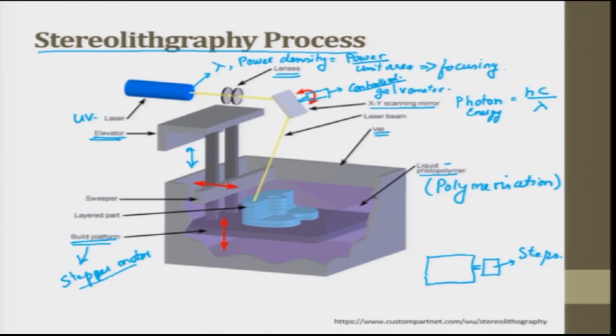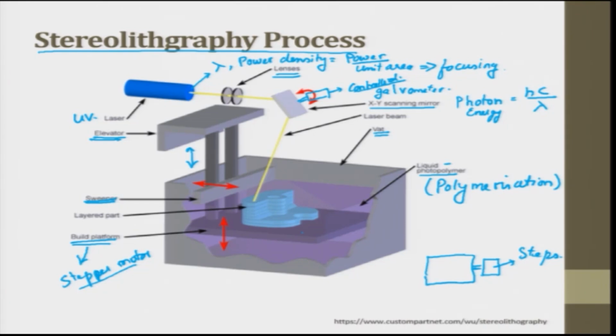So, after one layer of exposure, the table, the build platform sinks down. So, the next layer of liquid is formed on top. As I said, where there is a doctor's blade, we have a sweeper. The function of the sweeper is to make sure that there is a uniform layer of liquid on top of the build area, the build platform.